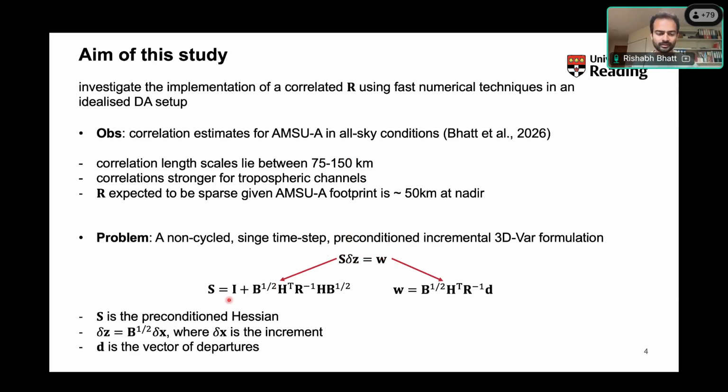As you might be aware, B is the background error covariance matrix, H is the observation operator, and the square root of B is the control variable transform which we apply to precondition the system. And d is the vector of departures, the difference of the observation minus the state variable in the observation space.